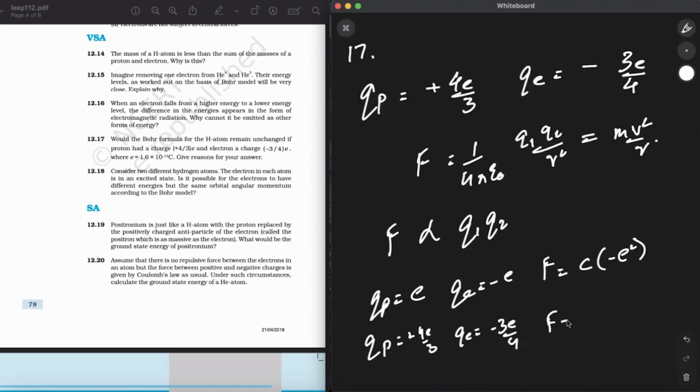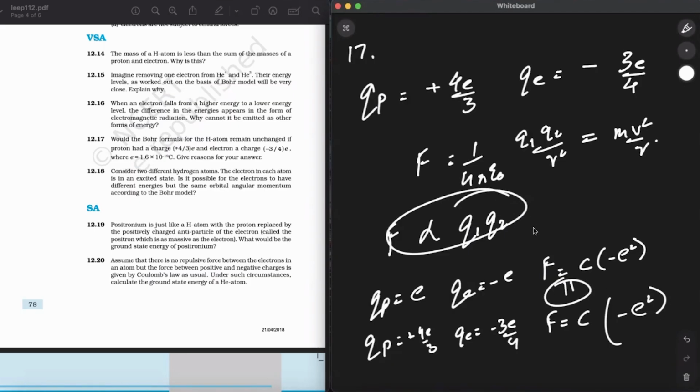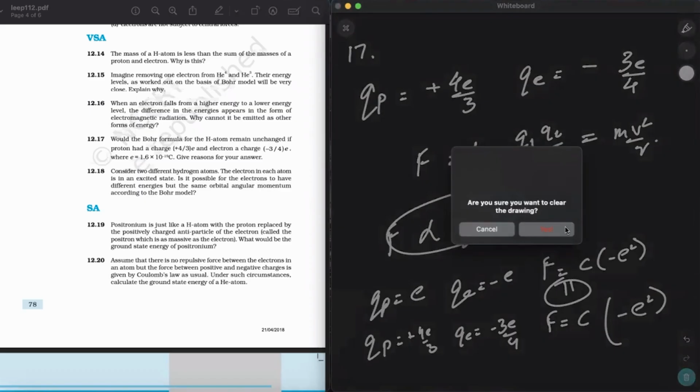To remove the proportionality I use a constant C, and multiplying gives the same minus e square. Since it is the same, the force is under normal condition and there will be no change. The formula will be unchanged.